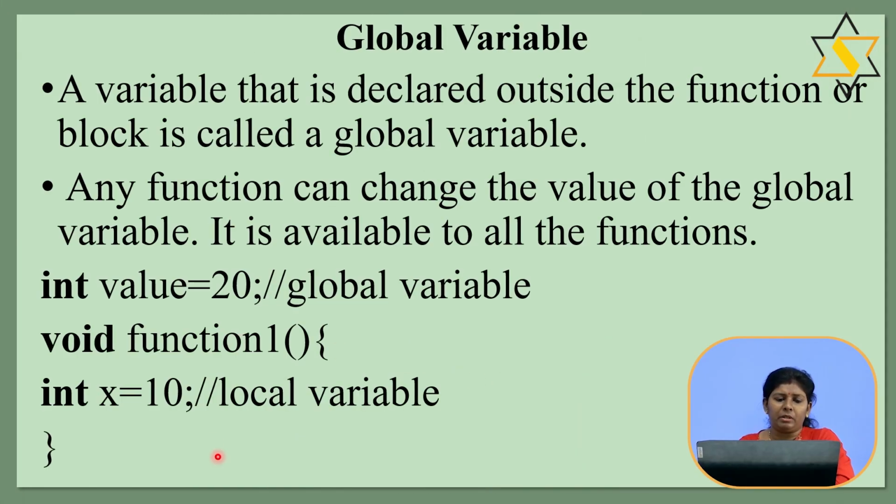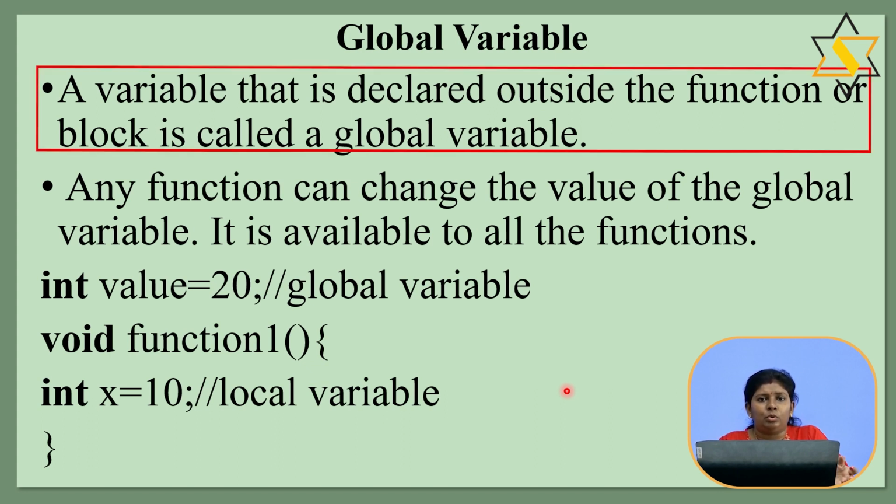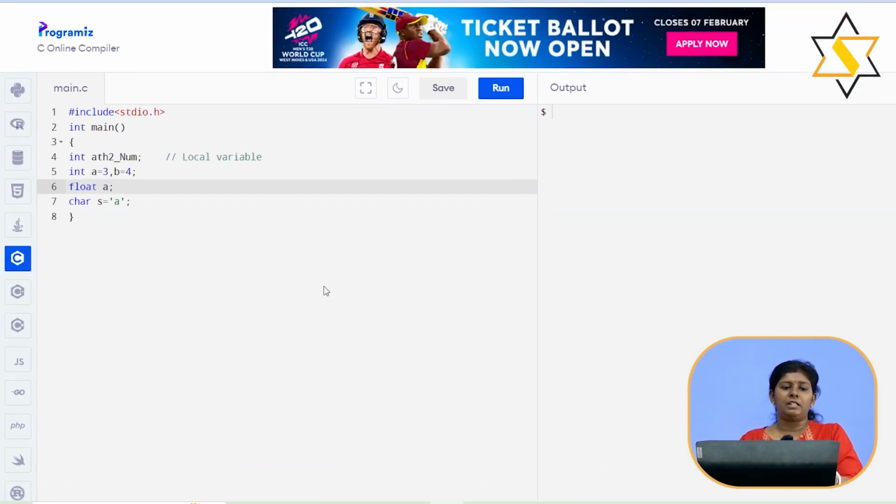Then the global variable. So what is the global variable? If I define a variable inside a function, that is called local. But if I want to define that variable outside the function, here int main is one of the functions, the main function, and inside that I am defining the number of variables I require for my programming.